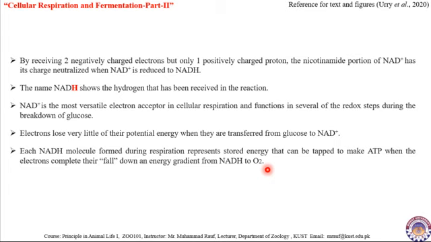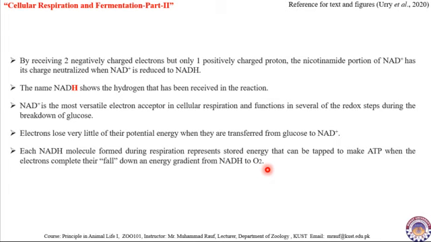So in this process, the NADH delivers its electrons, and then these electrons are transferred from one carrier to another carrier to yet another carrier, and then finally these electrons are joined with oxygen, and oxygen picks up protons from the inner matrix and becomes water.